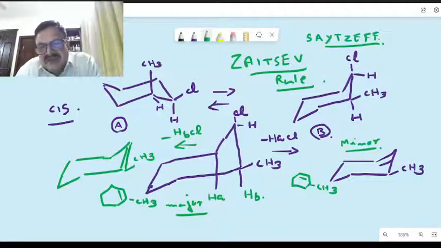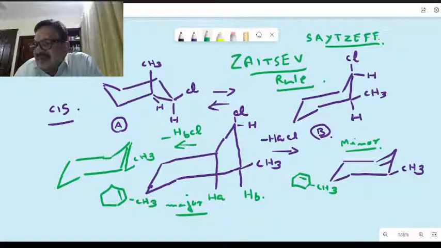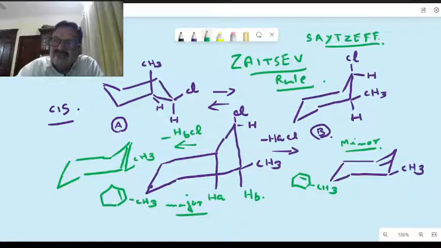So the E2 reaction is a regioselective reaction because the more substituted alkene will predominate. That is the Zaitsev rule.